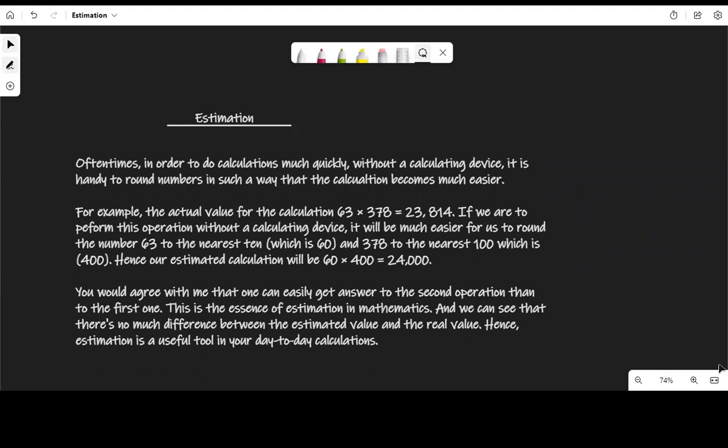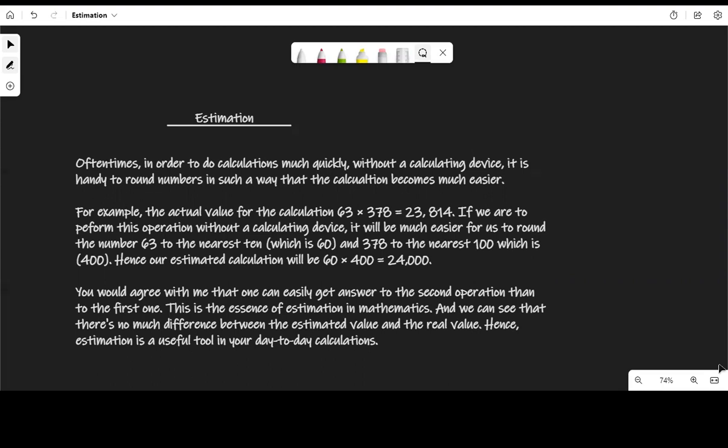In this lesson, we are going to learn another important topic, and that is estimation. Recall from our previous classes, in one of the classes, we talked about rounding off whole numbers, which is useful in doing calculation in our everyday life.